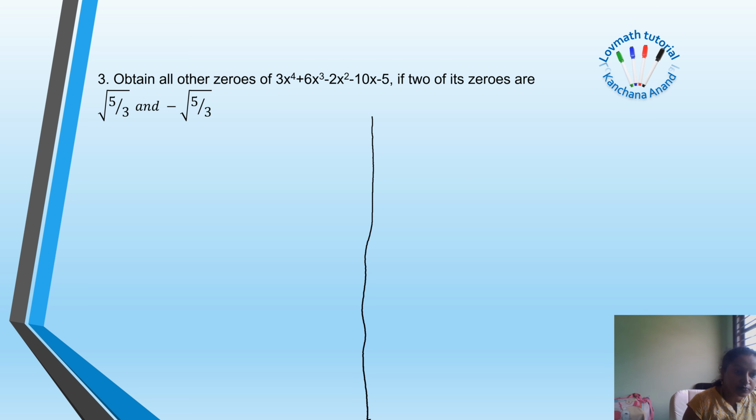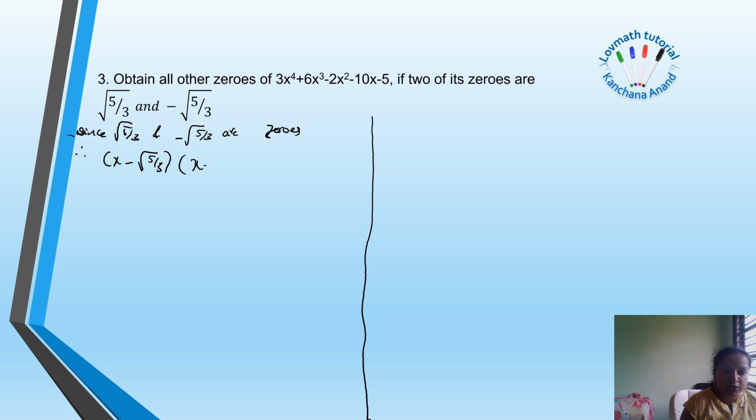Since square root of 5 by 3 and minus square root of 5 by 3 are zeros, therefore x minus square root of 5 by 3 and x plus square root of 5 by 3 are the factors of the given polynomial.